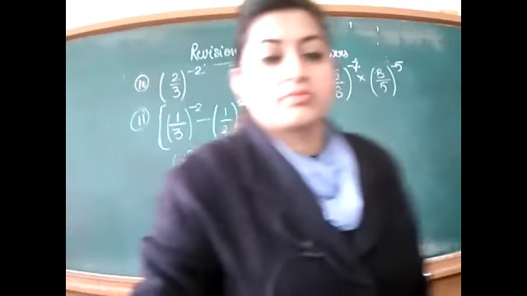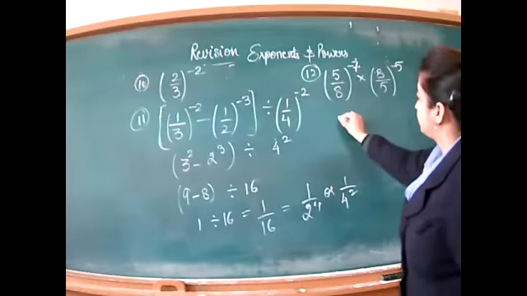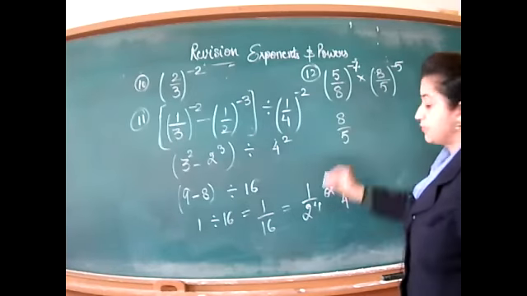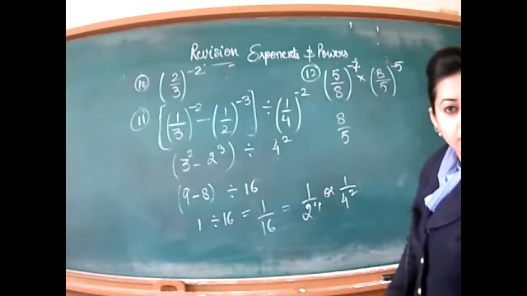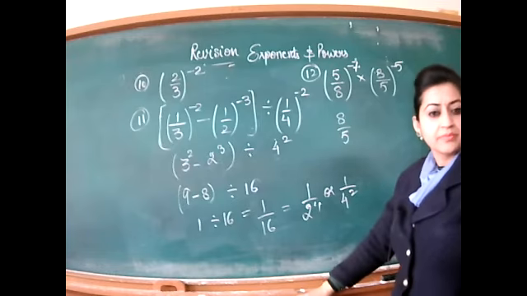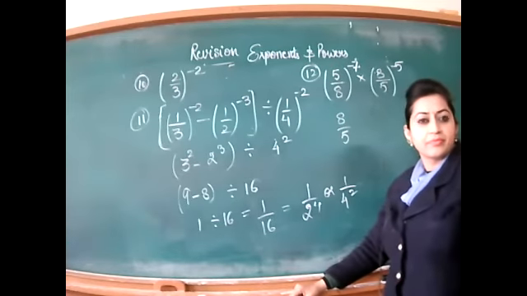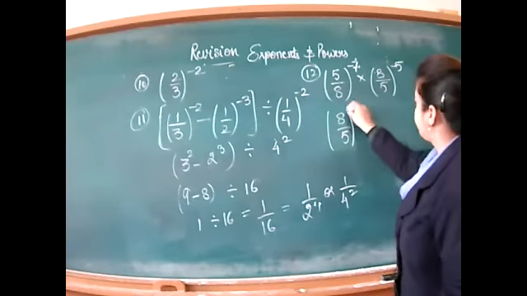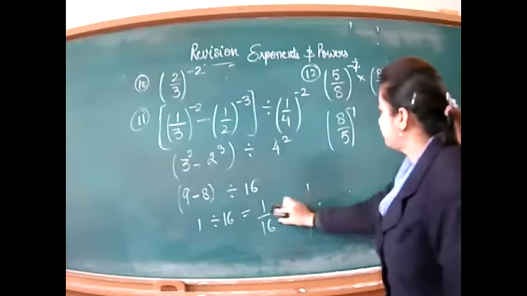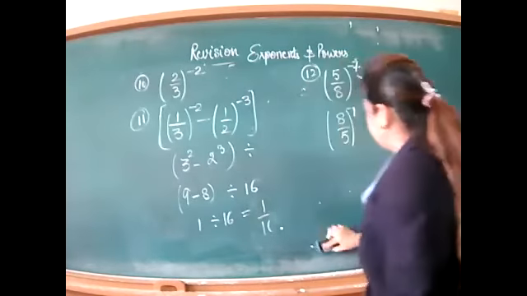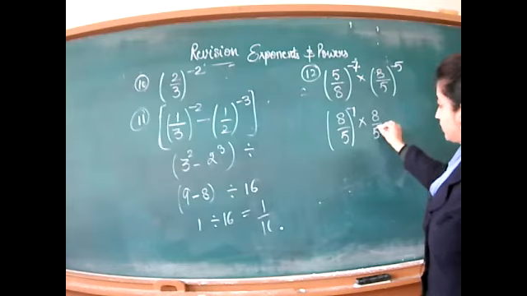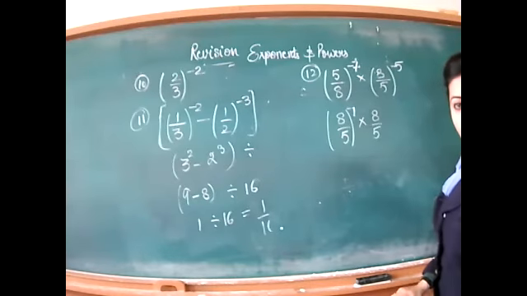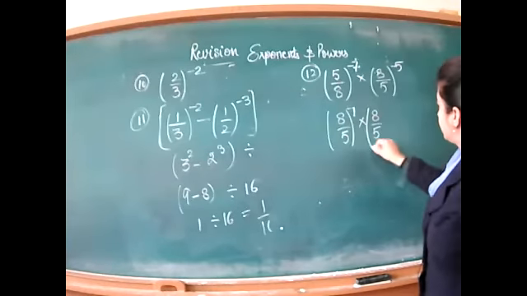Reciprocal of 8/5, ma'am, because the power is minus. Raised to power 4, 7 into 8/5 raised to power -5.